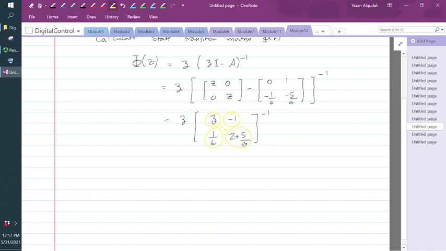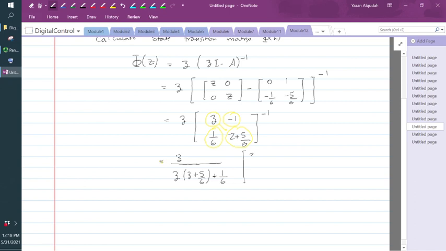And therefore, the inverse is going to equal z divided by z multiplied by (z plus 5/6), minus, I have minus 1 multiplied by 1/6, but I have to multiply it by minus, so it's going to become plus 1/6. Now for the inverse of this matrix, we're going to swap the z and z plus 5/6.